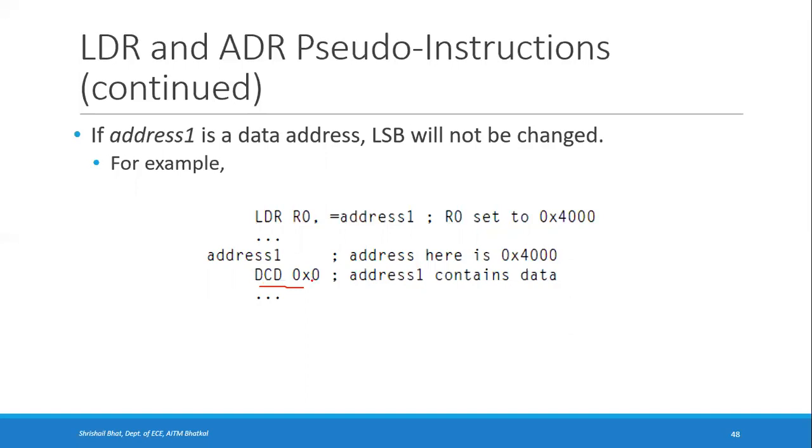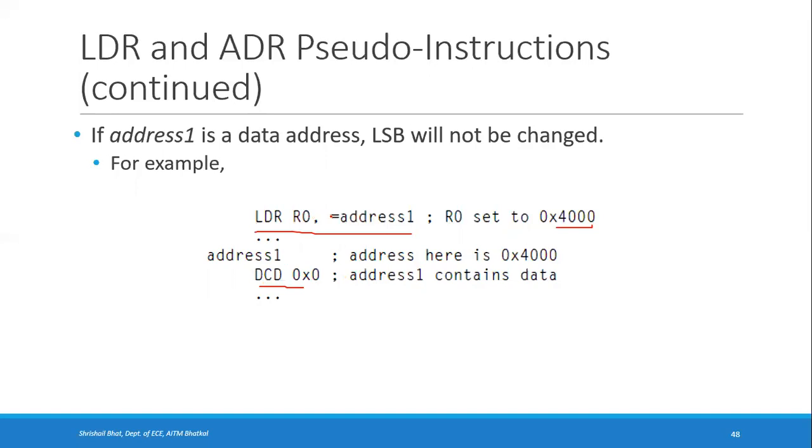Here there is no need to have 0 in the LSB. So when address 1 points to data, the LSB will remain as it is. R0 is set to 4000 itself, with no change in the LSB.